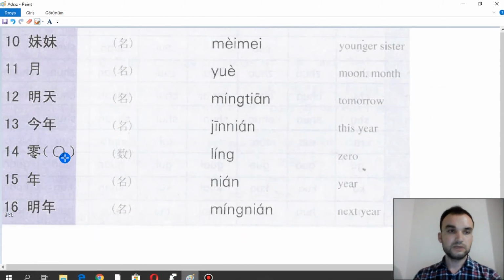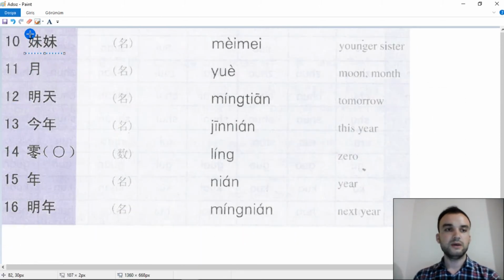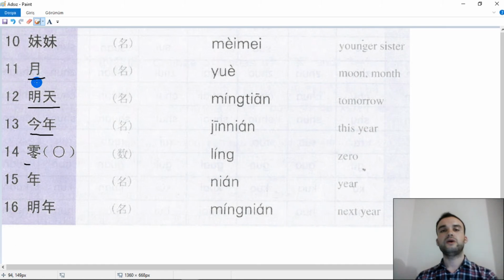Okay, we used these words in sentences, and here we have dates. We will make dates. 月 means moon and month. Here we use month.